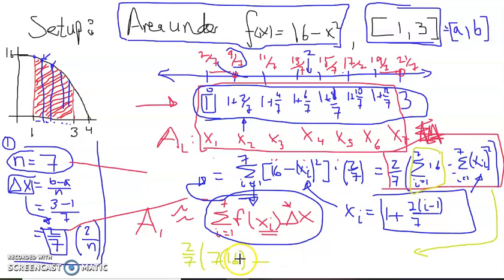Minus the sum from 1 to 7 of (1 plus 2i over 7) squared. Now we're going to have to stop there, but that is what you will actually evaluate, and we'll continue later.